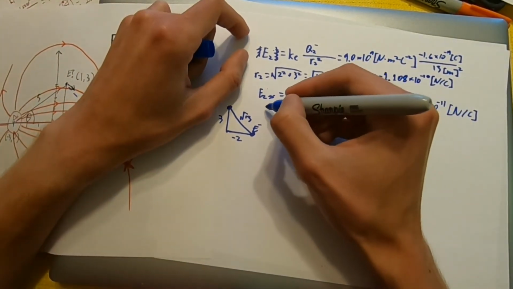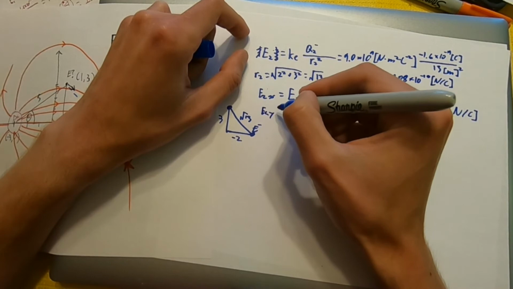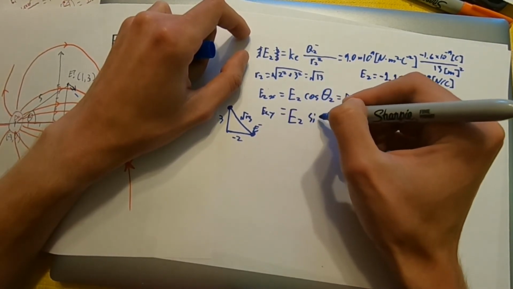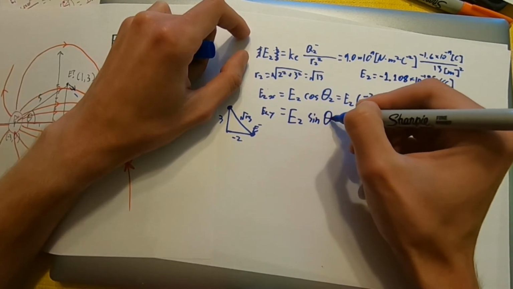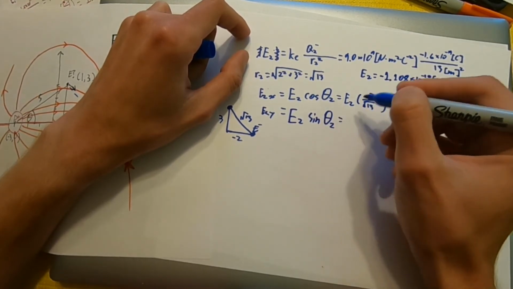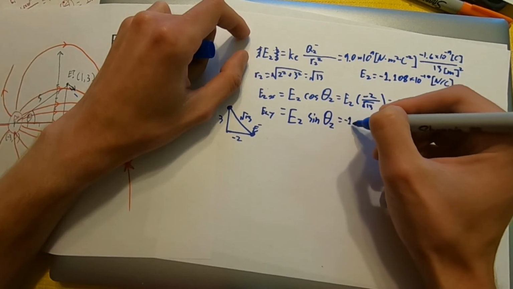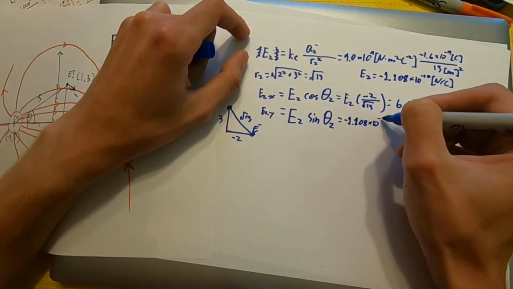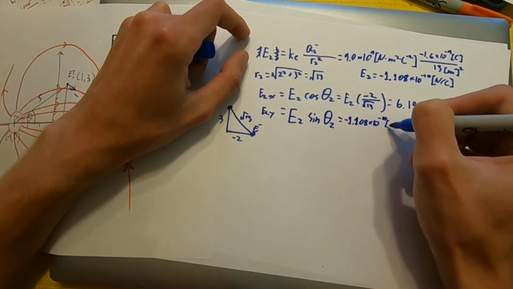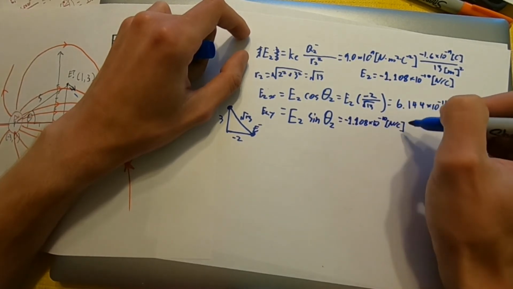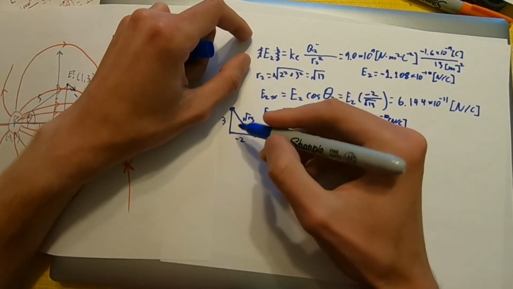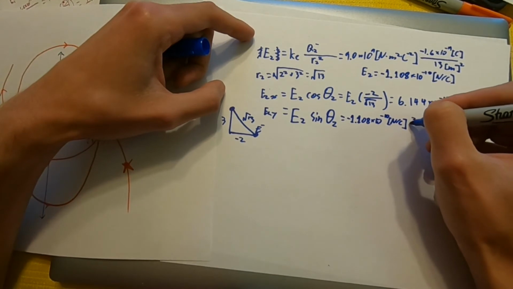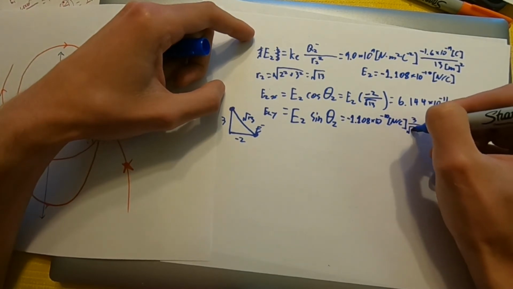Okay, so then E2y is going to be equal to E2 sine theta 2, which again is going to be equal to our negative 1.108 times 10 to the negative 10th newtons per coulomb. And then here we're going to have 3 over root 13.